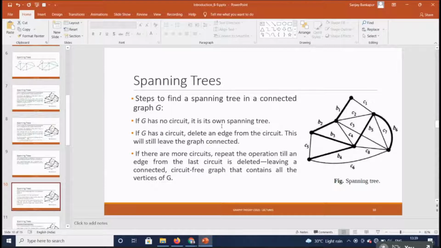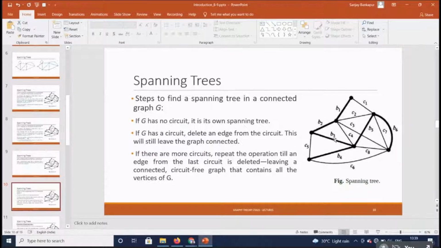If G has a circuit, and in this example, yes, we have so many circuits, probably more than 50, we don't know how many, then we delete an edge from the circuit.